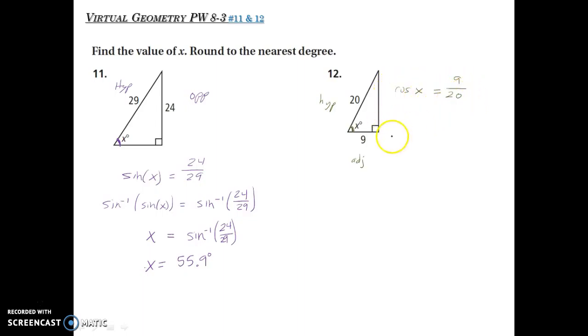So if I take inverse cosine of both sides, I'm going to get x equals inverse cosine of 9/20.